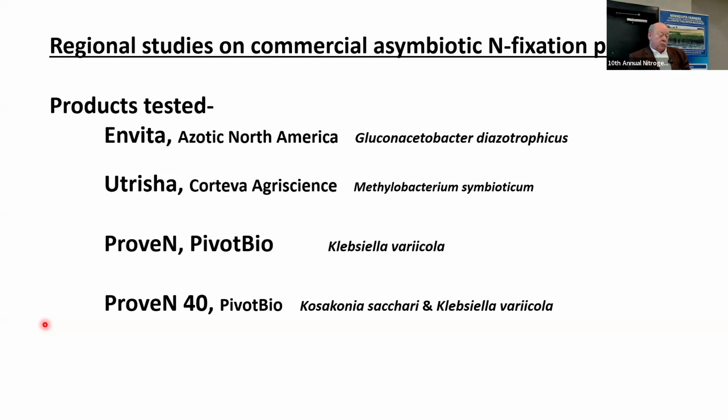So we did. So these are the four products basically that we tested on corn: Invita, Nutricia, Proven and Proven 40. The Proven was the 2021 product, as I recall. It had one organism in it, and then Proven 40 was the 2022 material.